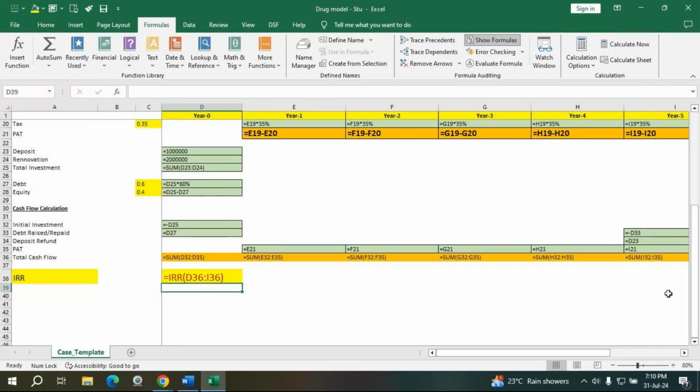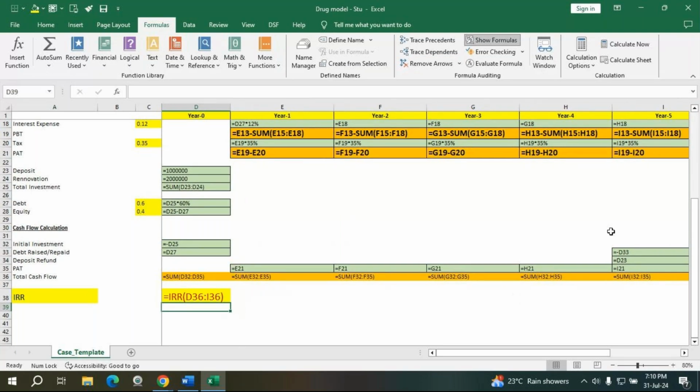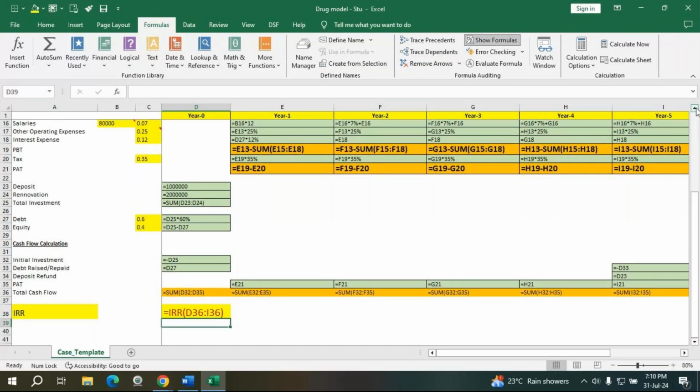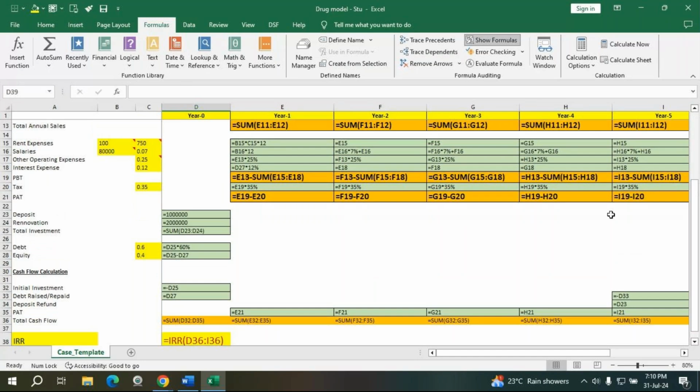So from the tax, you people have to do. Any doubts in this, please ask.